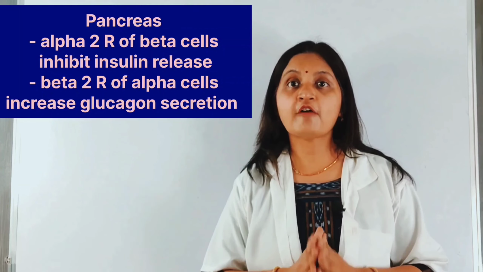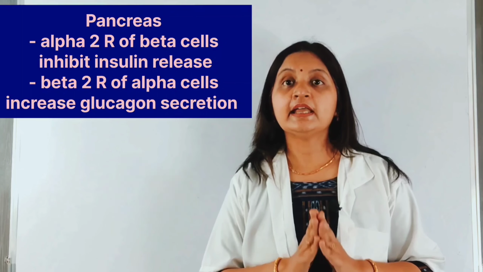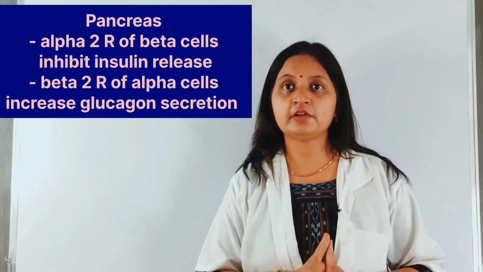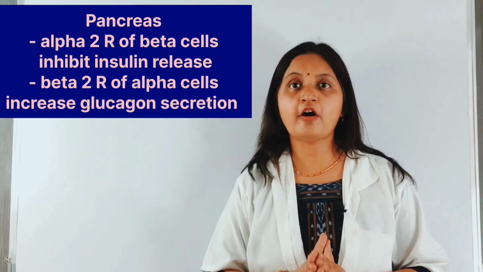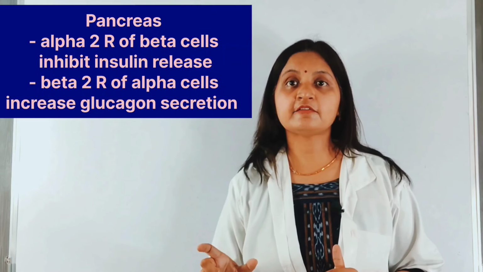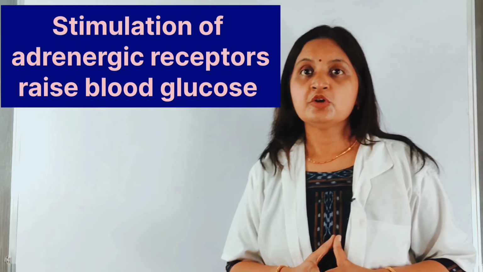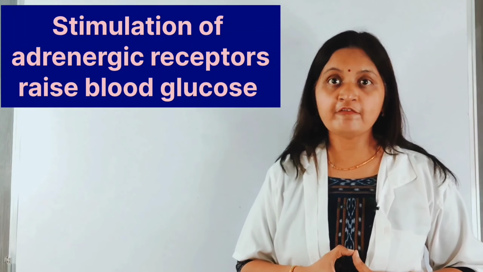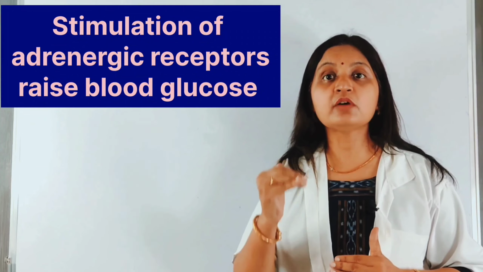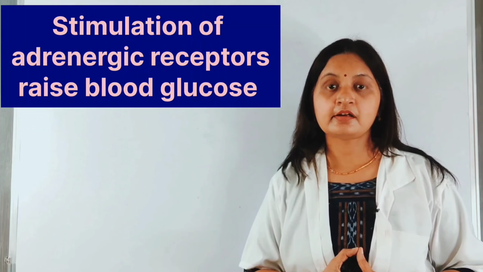So stimulation of alpha-2 receptors of the beta cells of the pancreas inhibits the release of insulin, and stimulation of beta-2 receptors of the alpha cells of the pancreas enhances the release of glucagon. So inhibition of release of insulin and enhanced glucagon secretion results in hyperglycemia.